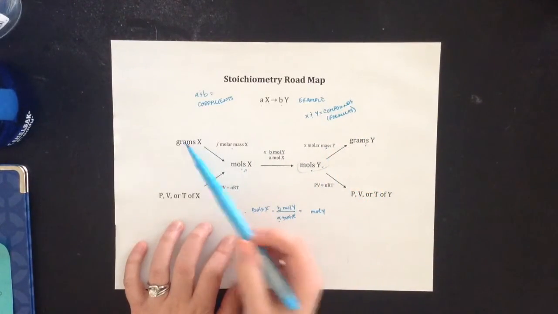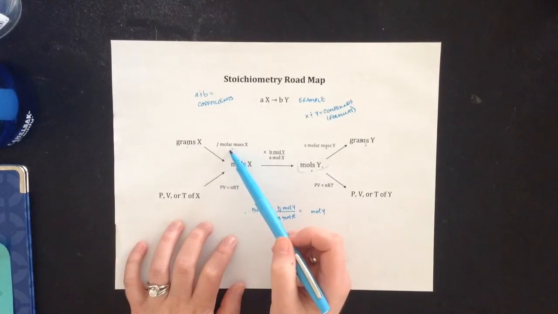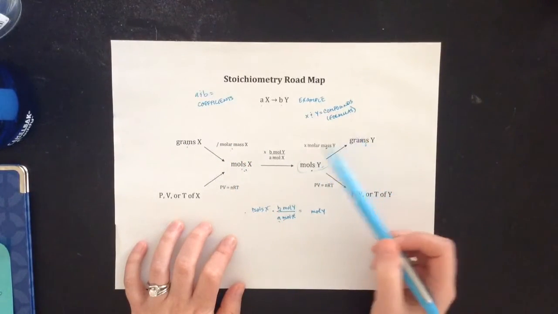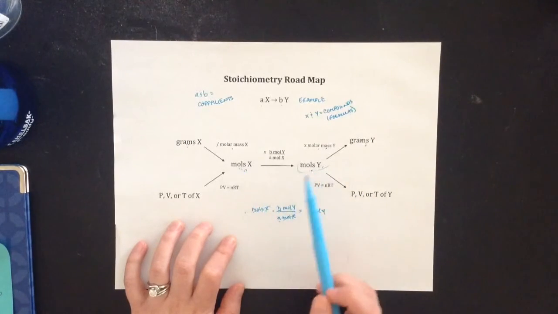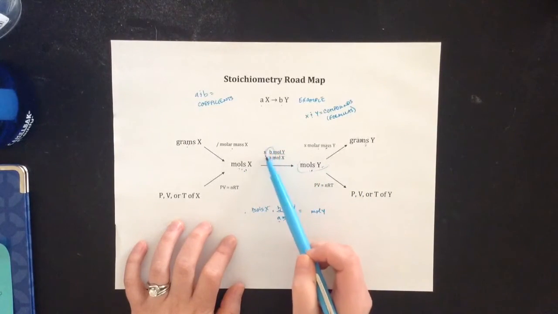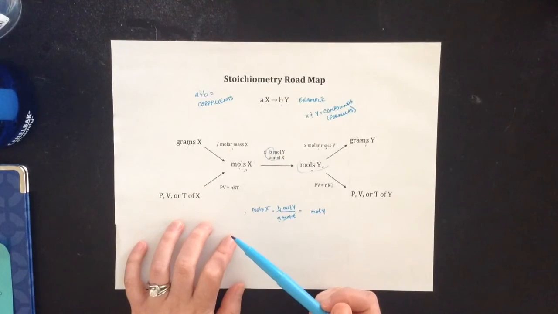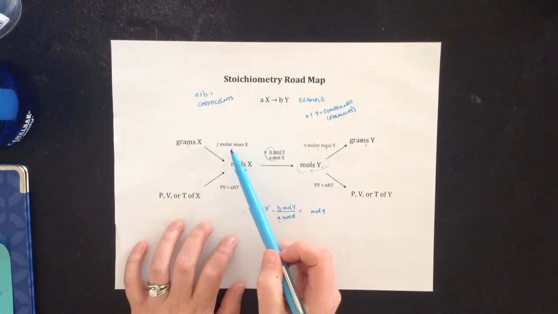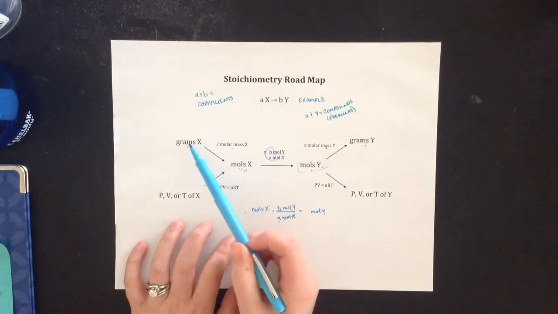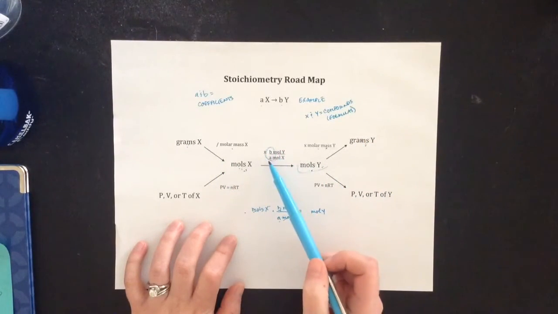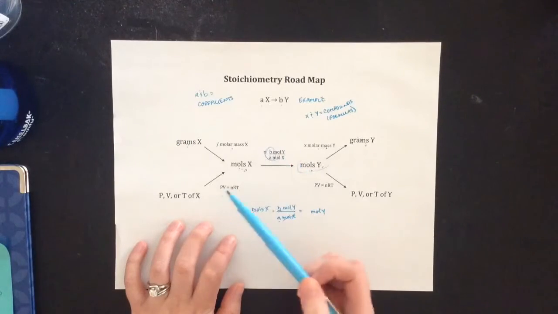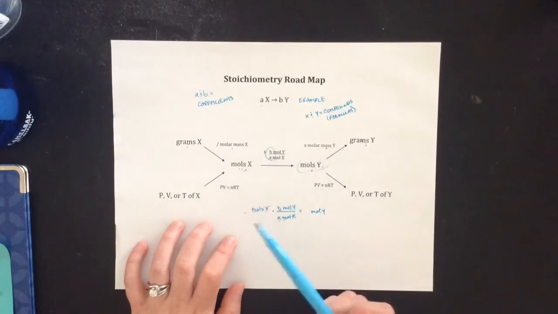So to go from grams to moles, you're going to divide by your molar mass. To go from moles to grams, you're going to multiply by your molar mass. And then to go from moles to moles, you're going to use the ratio of the coefficients from the reaction. So your periodic table values, your molar mass, are only used to go between grams and moles, or moles and grams. The coefficients from the balanced chemical reaction are only used to go between the moles to moles.